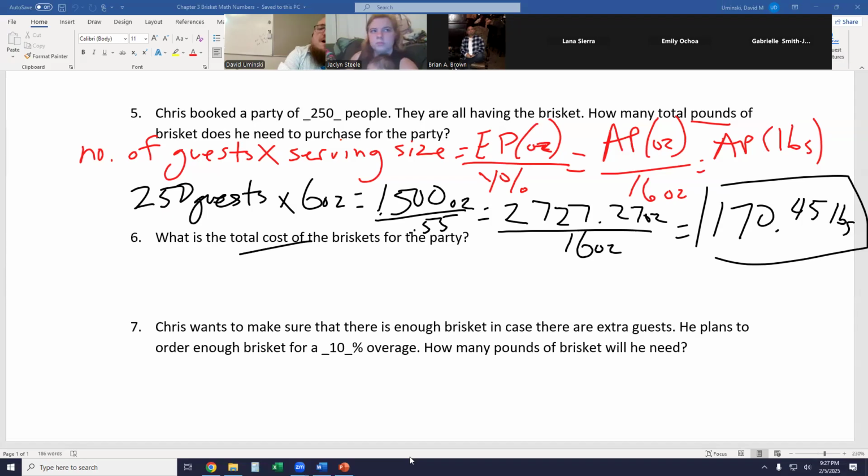Now, what is the total cost of the brisket? This one, we're going back to our notes. This is our as purchased cost times the pounds needed. That's not very difficult.